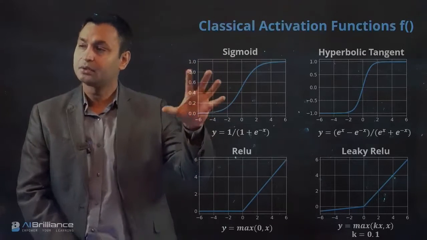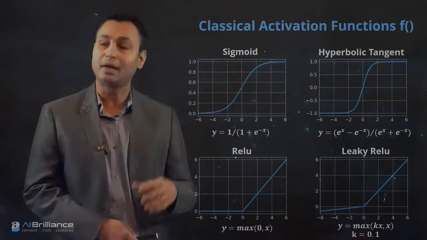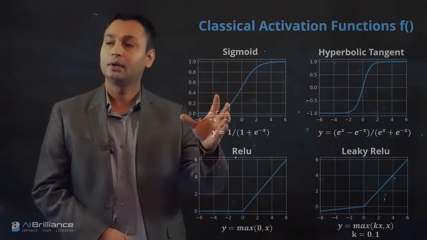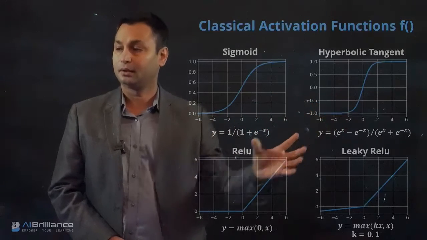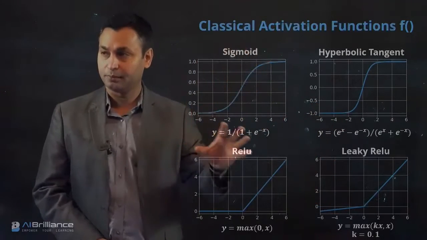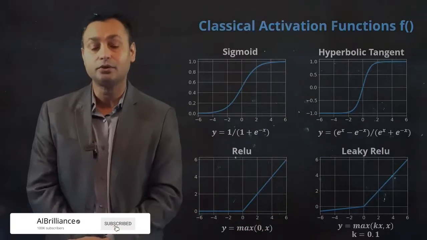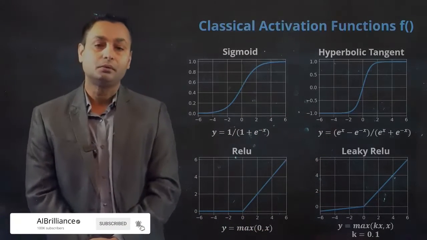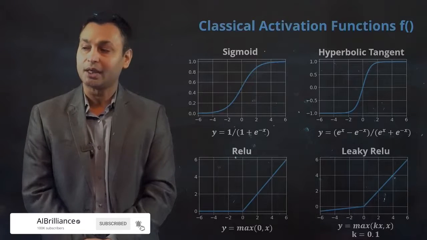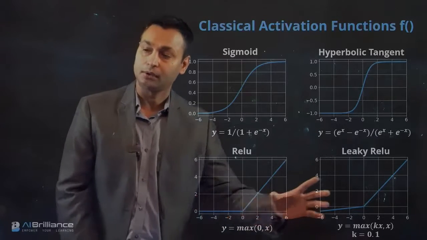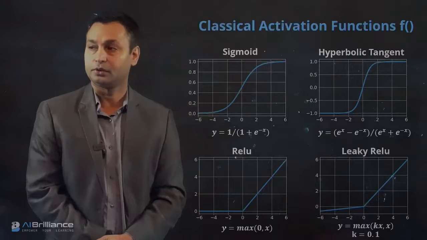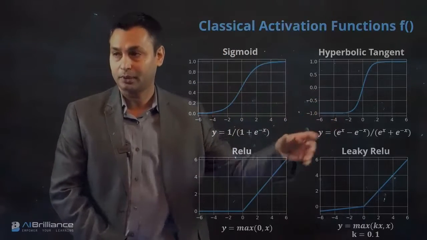The sigmoid is typically used when you have a binary classification problem, okay? In general, tanh, ReLU and leaky ReLU are better compared to sigmoid. And recently in the literature, and in actual use also, most of the time people are only using ReLU or leaky ReLU as an activation function, and no more sigmoid and hyperbolic tangent.